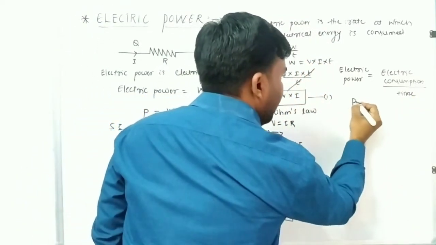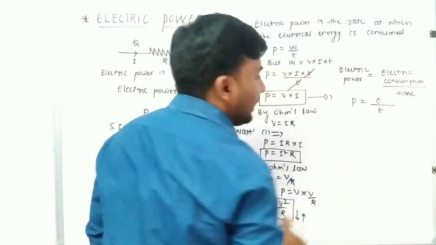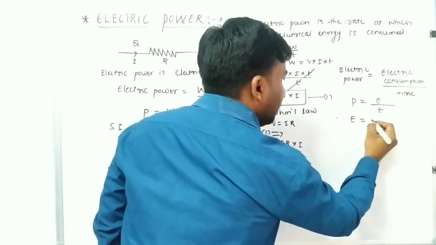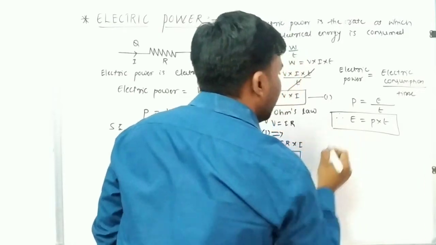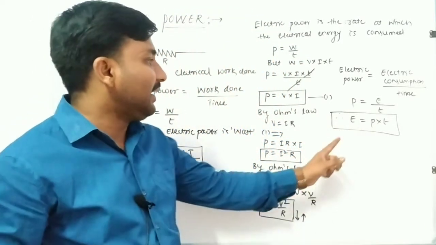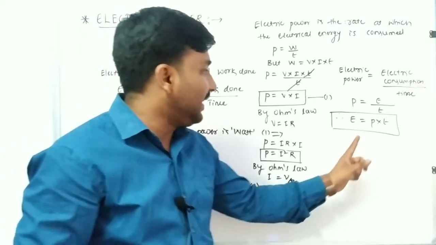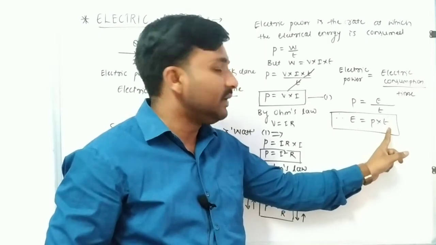Symbolically, that is P is equal to E divided by time. Therefore E is equal to P into T. So here we got one more formula, that is the electrical consumption, how much electrical energy is used, is equal to electric power into time.